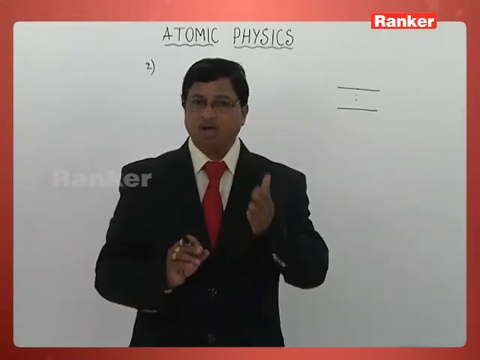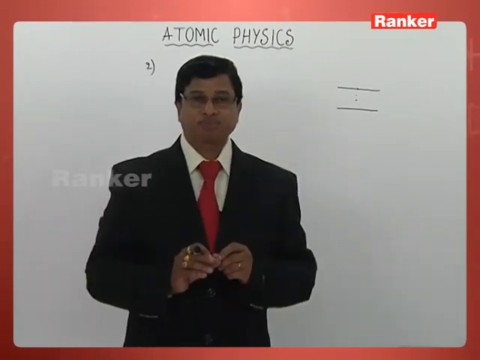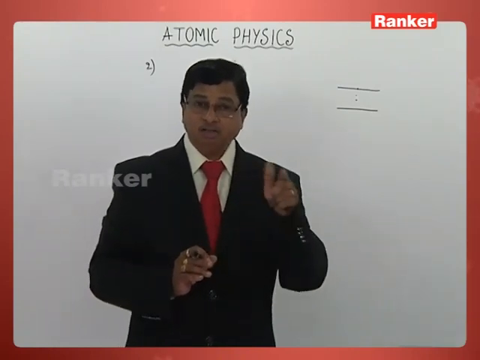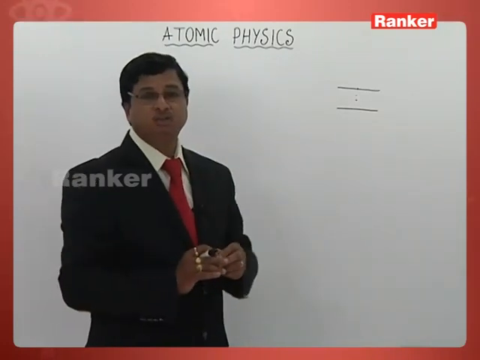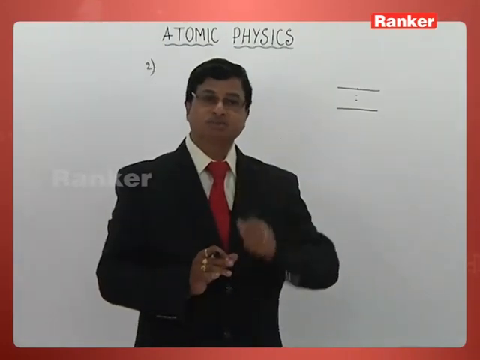In fact, the same concept has been given over here. A charged drop having a charge q and radius r is in equilibrium between the 2 plates when the potential difference is 800 volt. That is the concept.